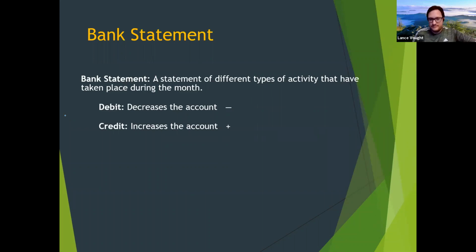Just to be clear, you might be familiar with these terms, but if you're thinking about this in terms of credit cards and debit cards, it still kind of makes sense. So a debit decreases the amount.